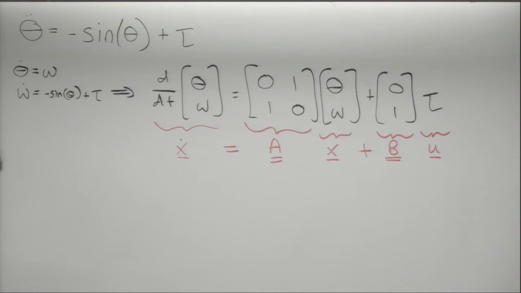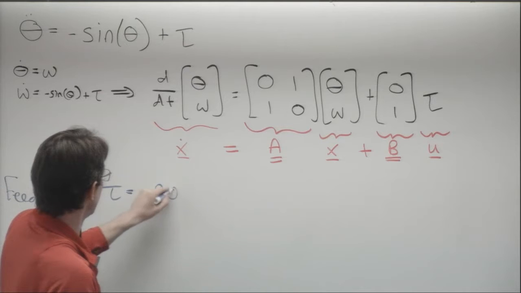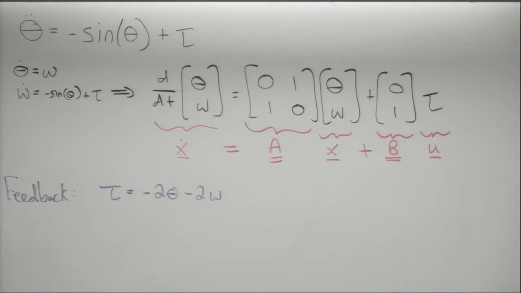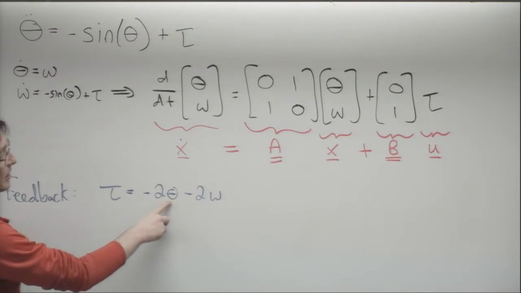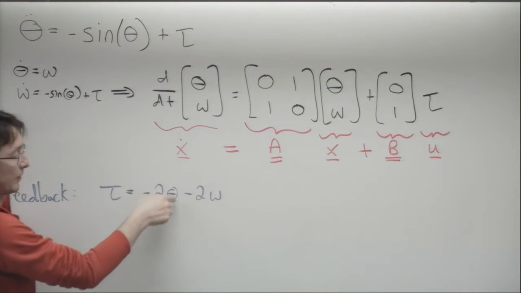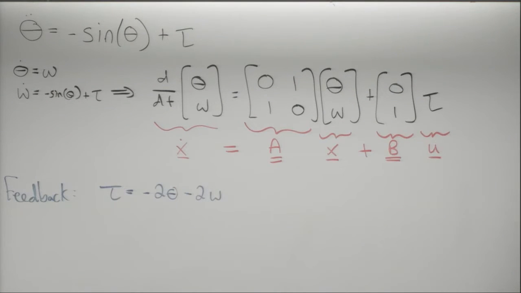So here our feedback is going to be tau equals minus 2 theta minus 2 omega. And remember, this theta has already been linearized about pi. So this is really my difference from the upright pi position.